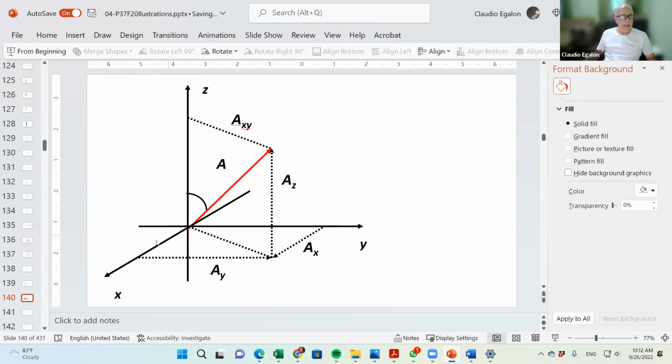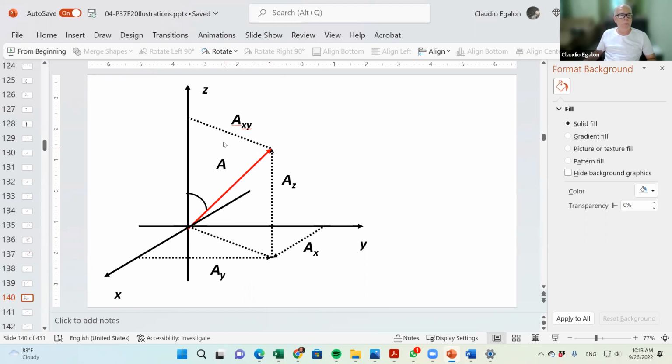That's the x component of the A vector, right? I drew my three-dimensional coordinate axes just like that: x, y, and z. Here you go, that's the Ax, that's the A sub y. This vector that you see here is the summation of Ax plus Ay.